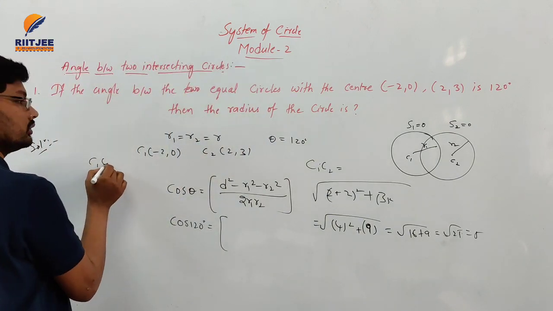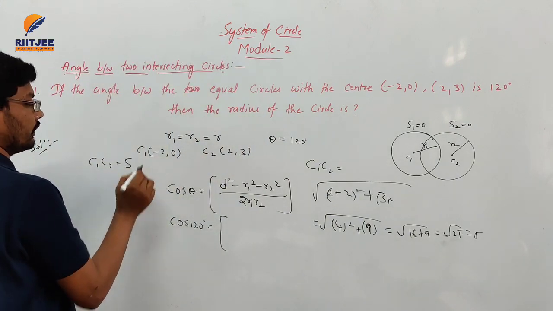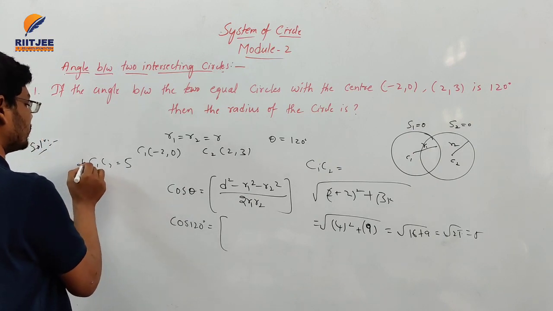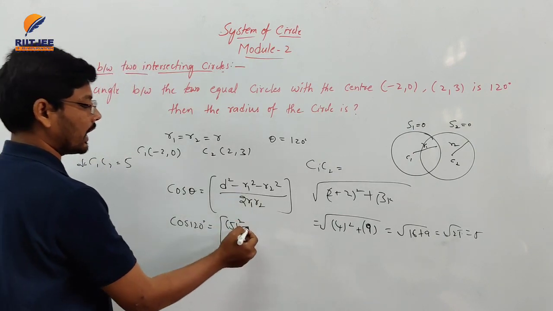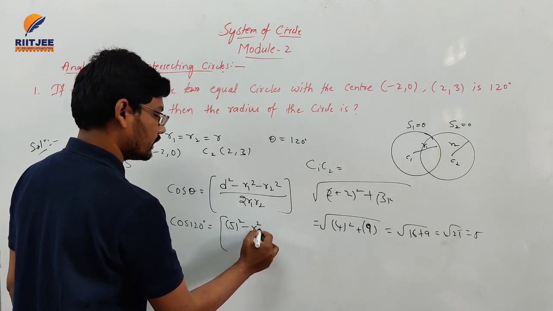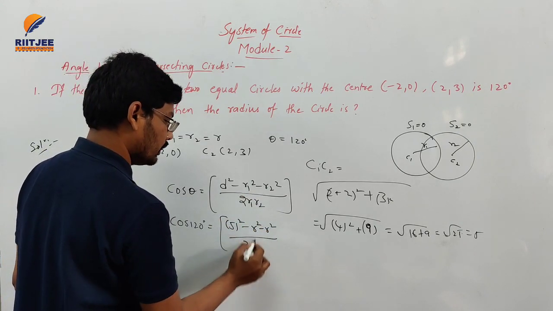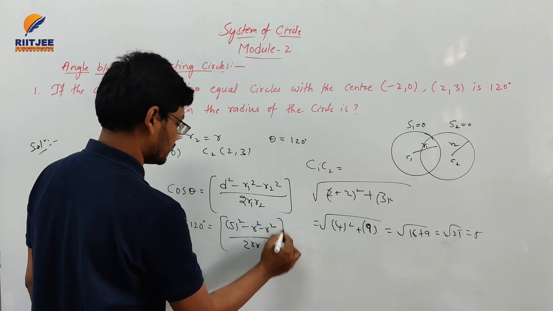So d equals 5, and r1 and r2 are both equal to R.